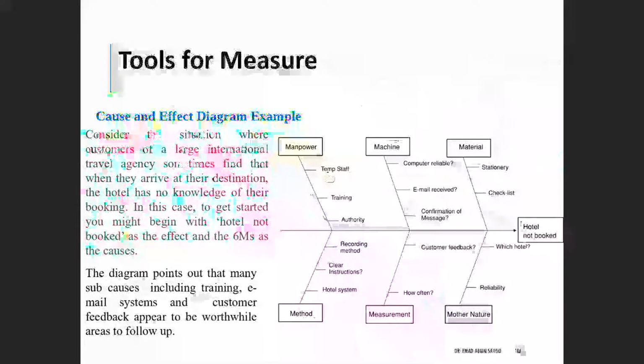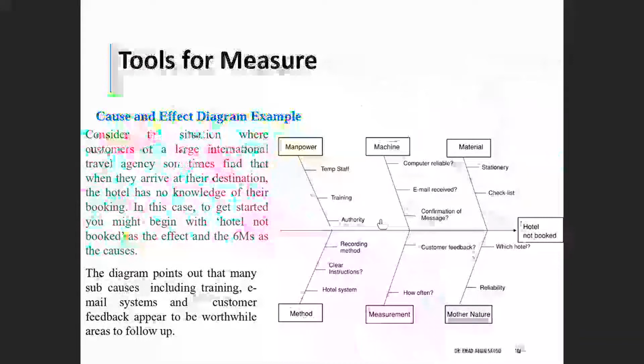Also, sometimes it could happen from the staff in the travel agencies, they haven't sent an email to the hotels, or vice versa, and it can come from different ways. And that's the reason why in the analyze phase you have to investigate more after you prioritize the causes you would like to, or maybe you will focus on all these causes. This is up to you and depends on the limitations and the resources you have for your case. Training and authority for the person to conduct that reservation in the hotel. This is manpower.